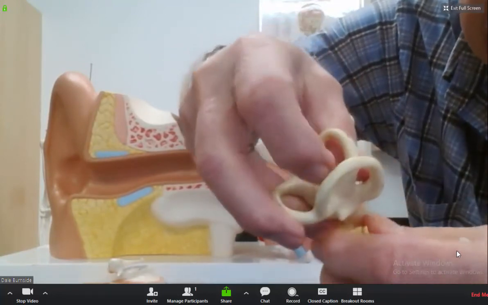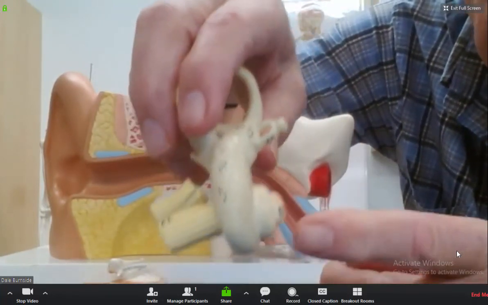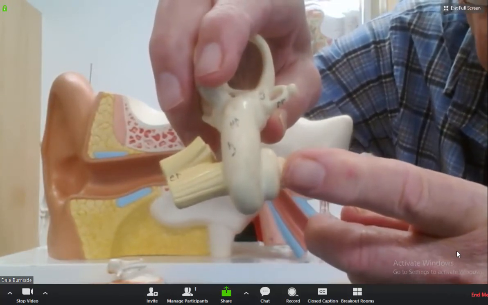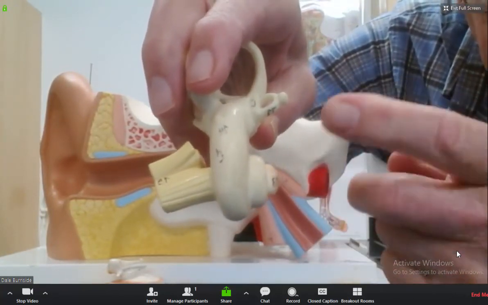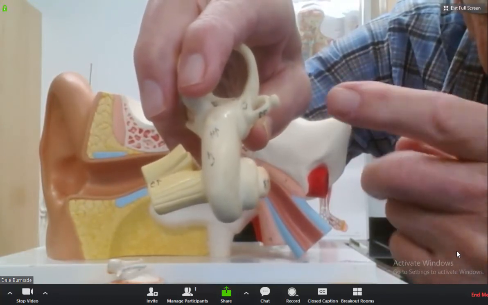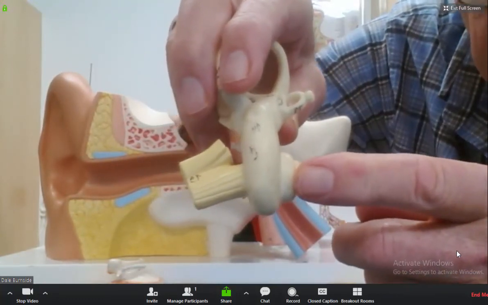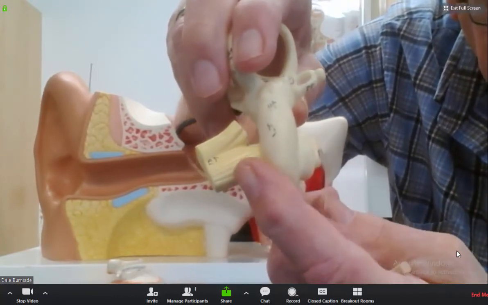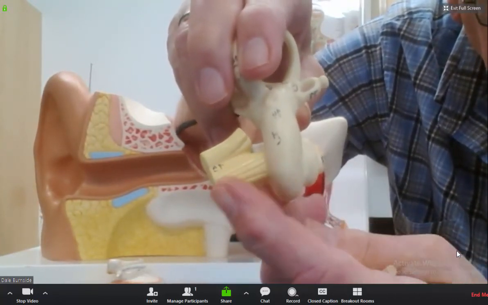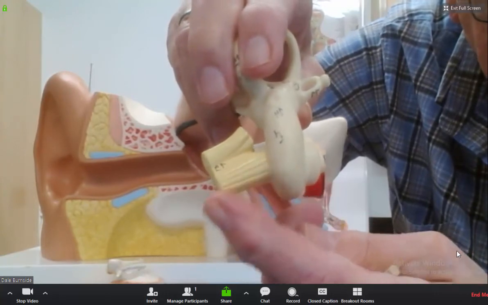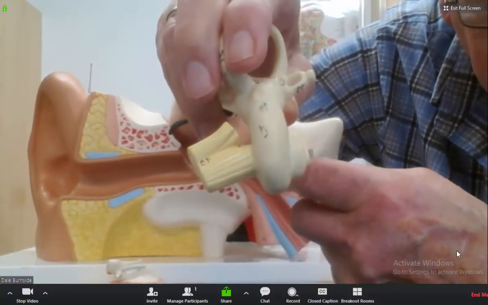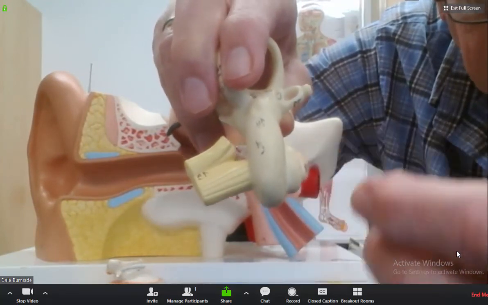That fluid, when it hits the cochlea, the snail-looking part, there's hair cells in there, and those waves of fluid make those hairs vibrate, and then the hair cells transform that into an action potential, which goes in this nerve, the vestibulocochlear nerve, which causes you to hear.